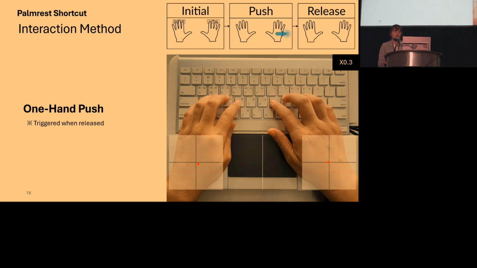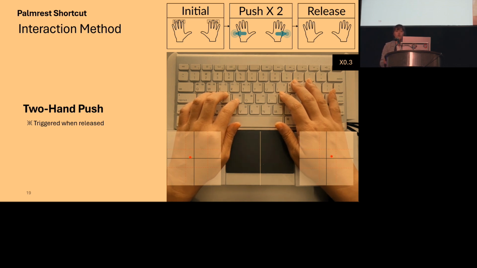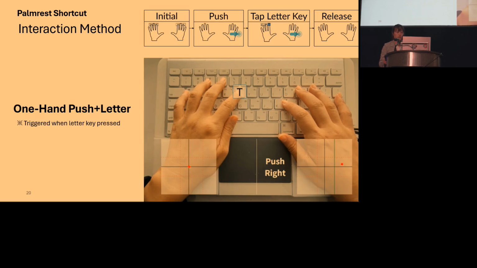For one-hand push, users need to perform the push action and release with one hand. For 2-hand push, users need to perform the push action with both hands simultaneously before releasing the applied shear force. And lastly, for the 1-hand push plus letter, the user performs the push action and then sequentially presses the letter key before releasing.